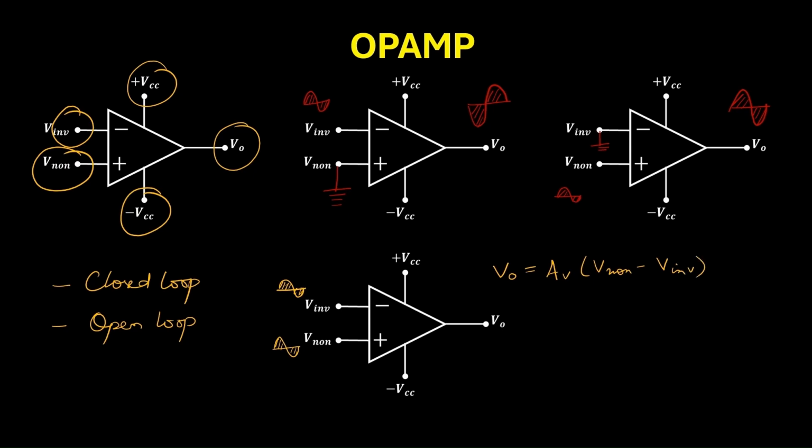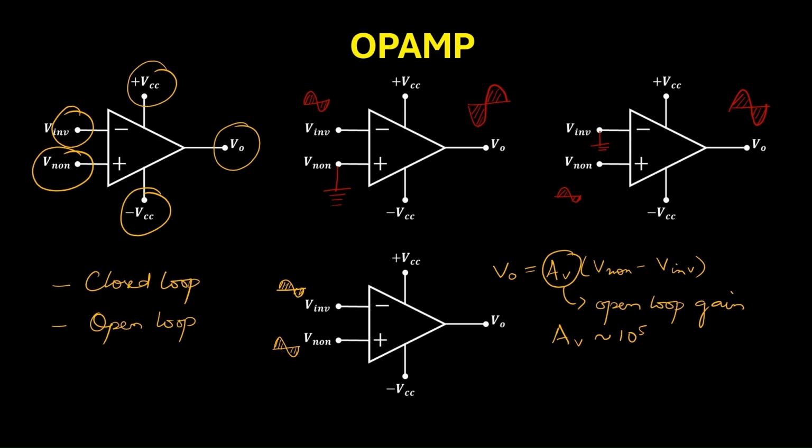Now, generally, the gain here, AV, is the open loop gain. This gain, AV, is generally of the order of 10 to the power 5. So, the gain is very high.